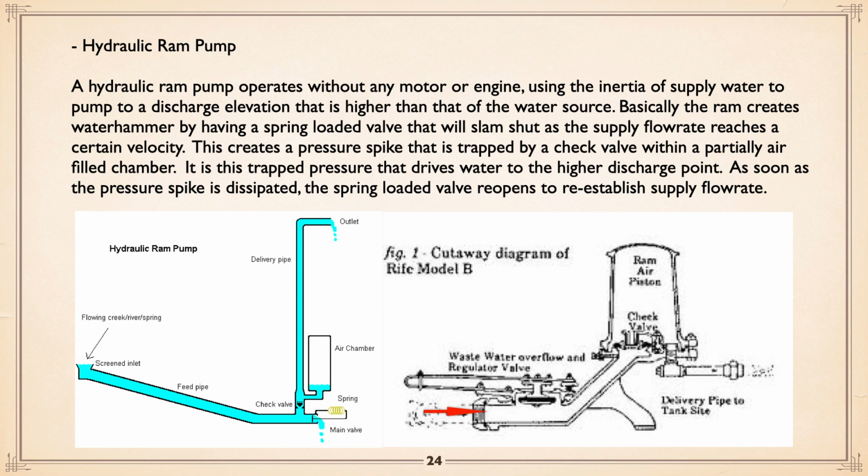Shortly after it's done that, and the pressure shock is dissipated, the spring will push that main valve open again, and the cycle starts again. When you watch these things run, it's kind of a ka-chump, ka-chump, ka-chump action to it. And that's why the air chamber, to kind of dampen that out.